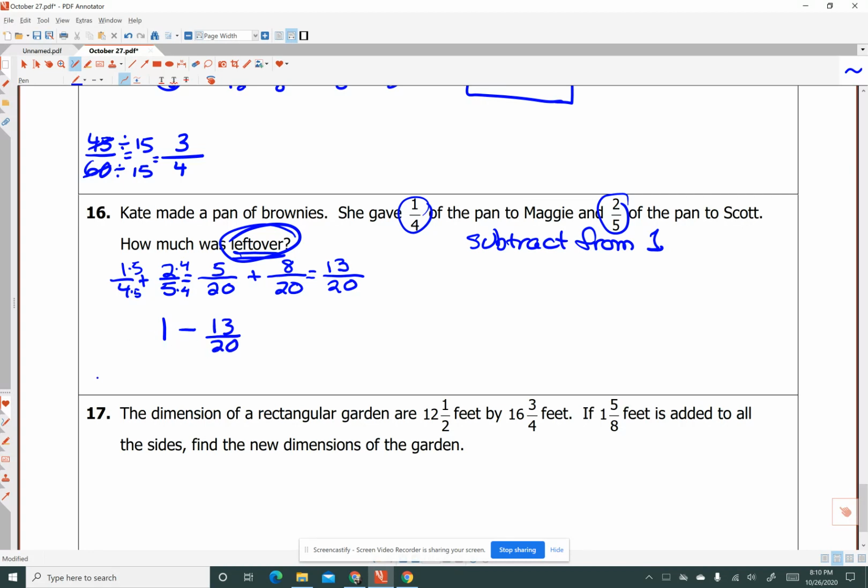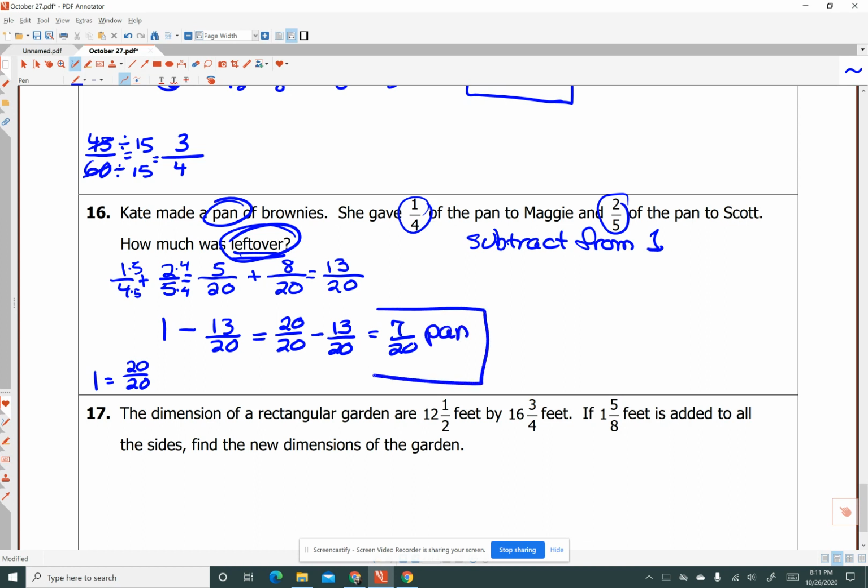But we're going to rewrite 1 as 20 over 20. So now we'll have 20 over 20 minus 13/20, which will give us 7/20. Let's remember our unit of measure is actually the pan. So 7/20 of a pan of brownies left.